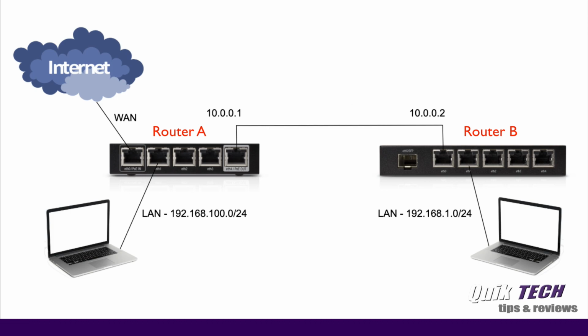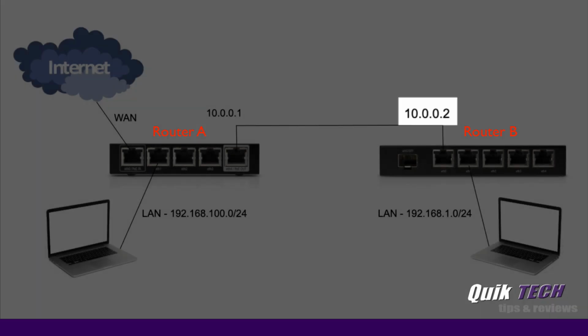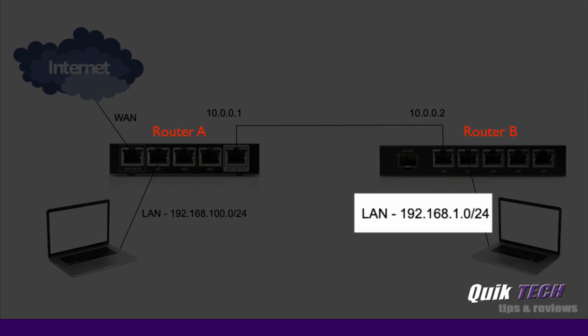Now, when using static routing, the information that you need to know is the next hop gateway address and the destination LAN address. So in this case, for router A, the next hop gateway address would be that of router B, 10.0.0.2, and the destination LAN would be 192.168.1.0/24.